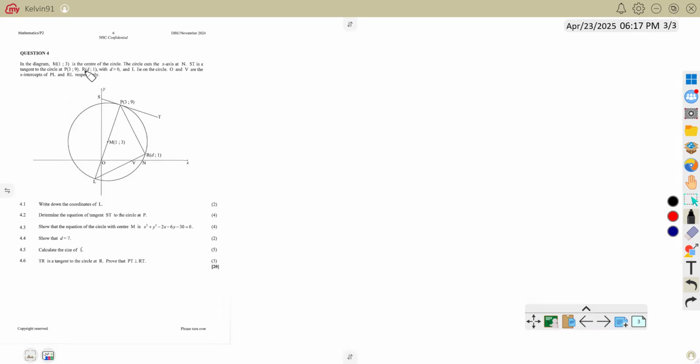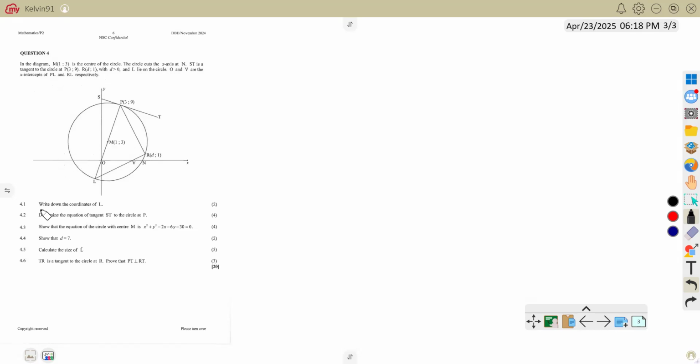Then you are given that R is D1 with D greater than 0. Then you are also told L lies on the circle here. O and V are the x-intercepts of PL and RL, respectively. This is the information that we are provided with.